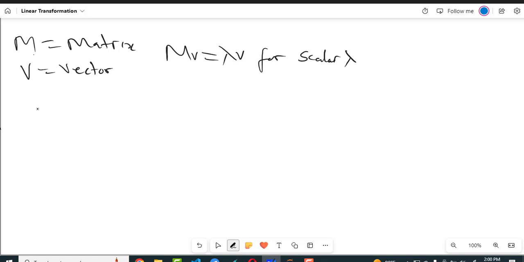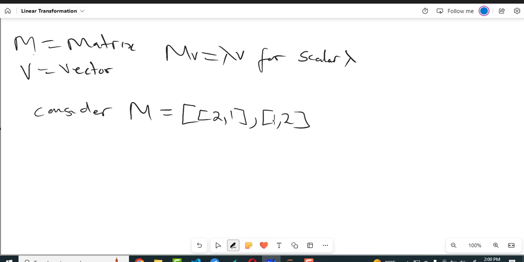Okay? Let us consider a matrix M, which is a two-dimensional matrix. This is the matrix that we are having. And remember, the eigenvalues, I said, are scalars, or lambda.